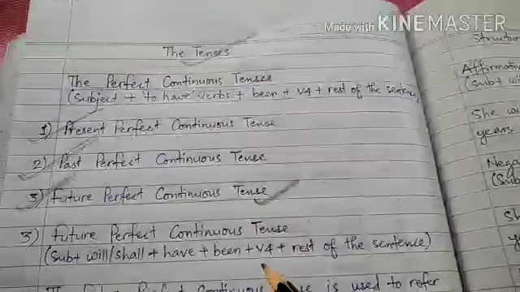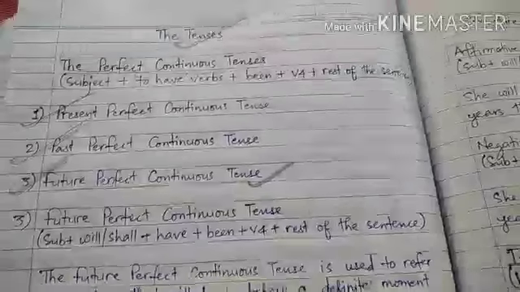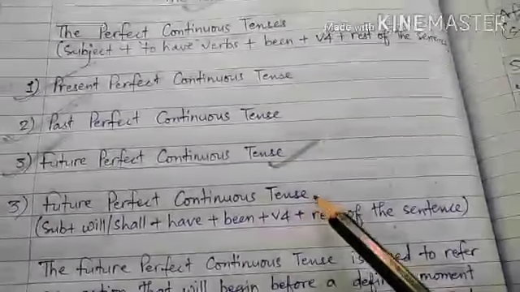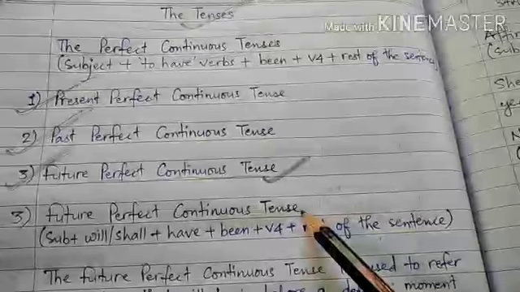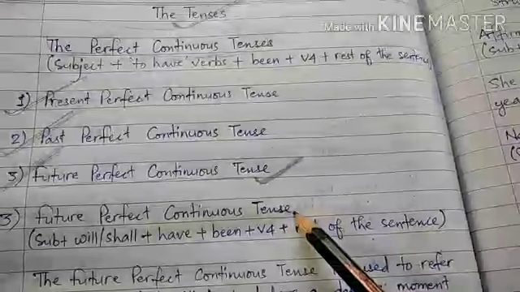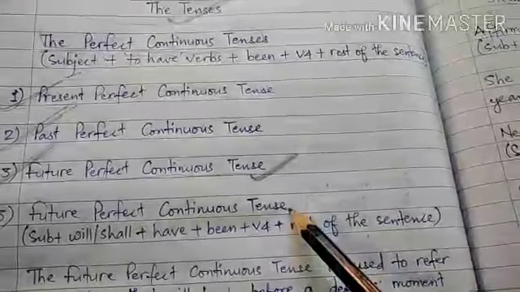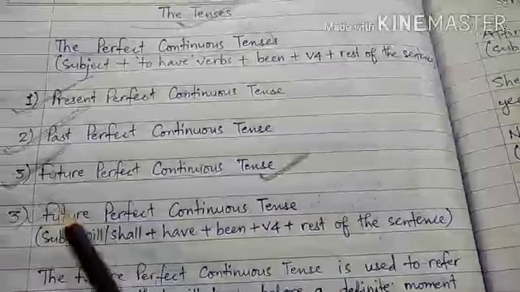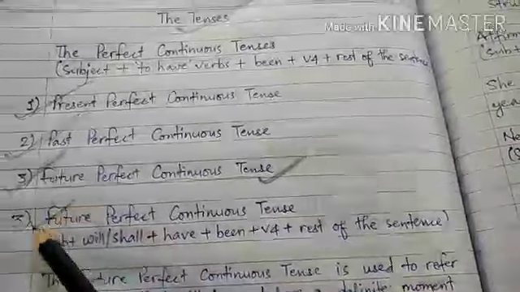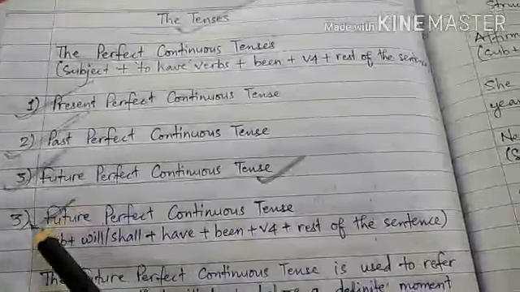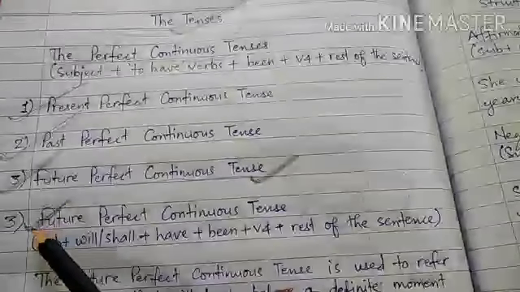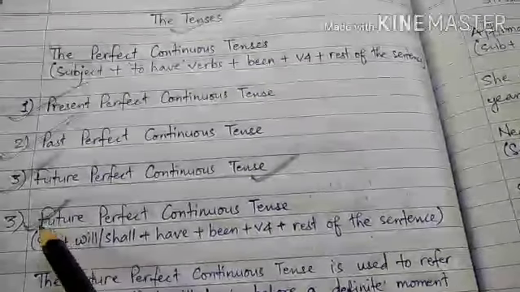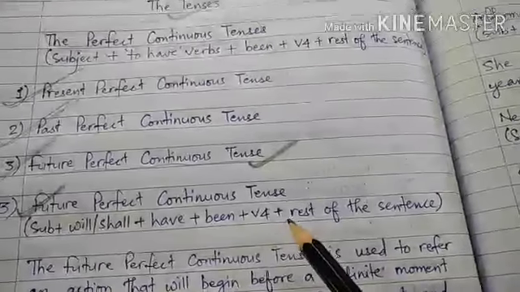So at first, we will see the structure of affirmative sentences in this future perfect continuous tense. We have already understood the structure of affirmative sentences in the perfect continuous tenses as a whole. But now we have to understand particularly this future perfect continuous tense, that what sentence structure is there in affirmative form in the future perfect continuous tense.